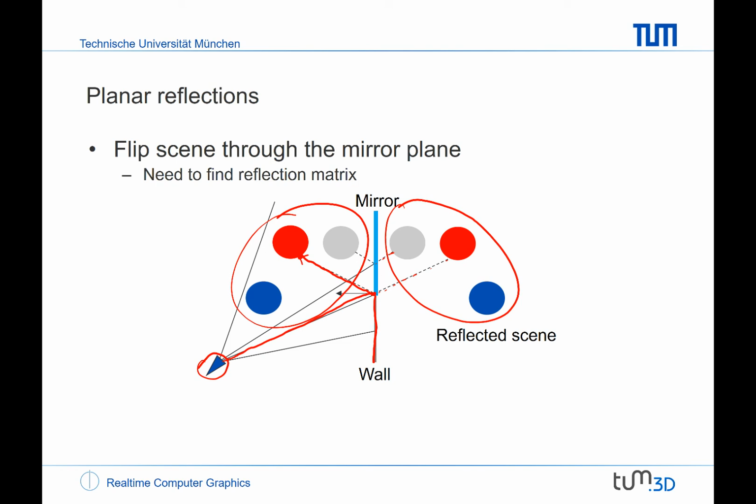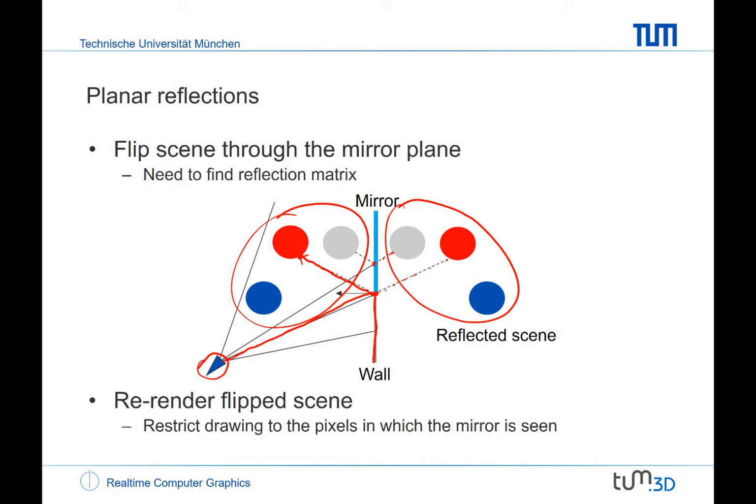The points we then see of the flipped scene are exactly the reflected points of the original scene. In order to do so, the first thing we need to do is find a reflection matrix, the matrix realizing the reflection transformation, meaning the transformation that brings the object from one side of the mirror plane to the other side.